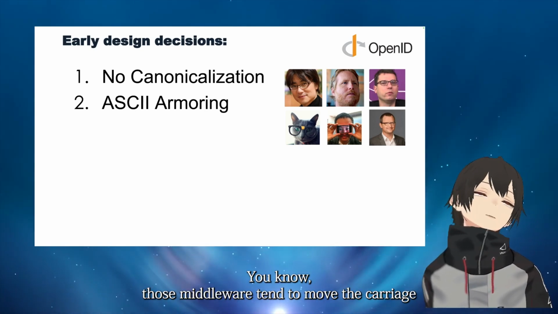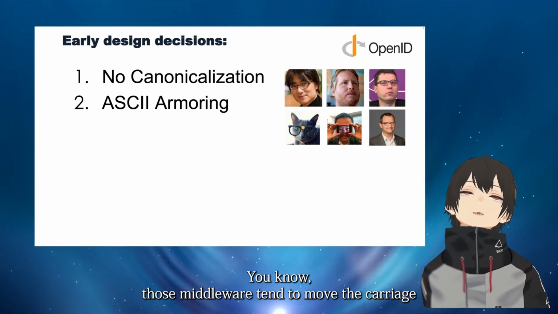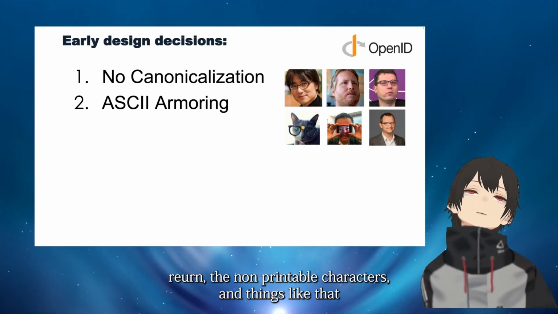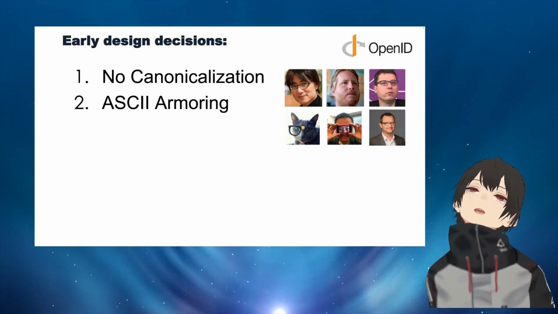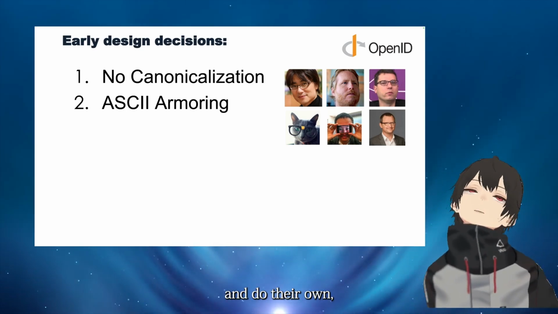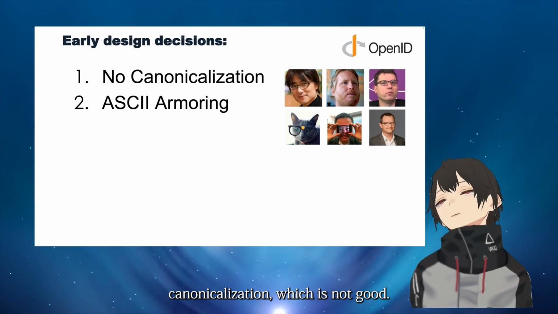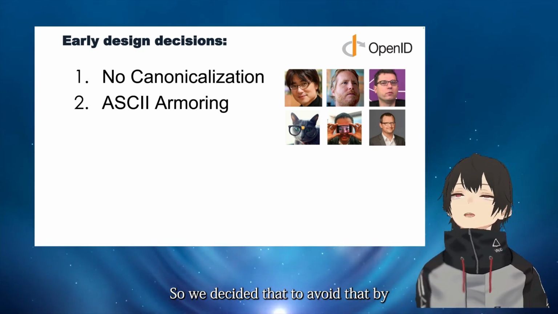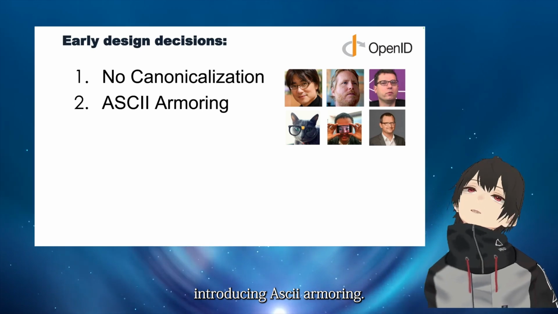At the time, those middleware tended to remove the carriage return, the non-printable characters and things like that, and do their own canonicalization, which was not good. So we decided to avoid that by introducing ASCII armoring.